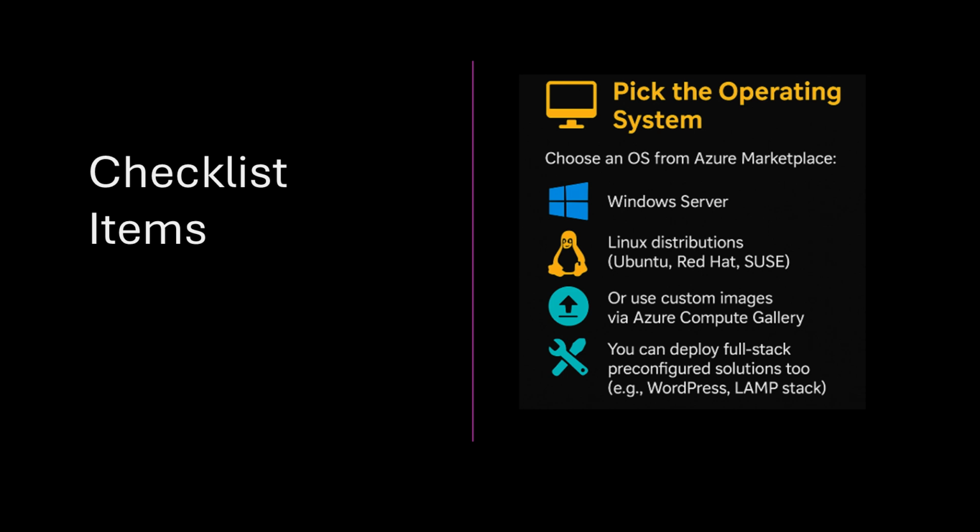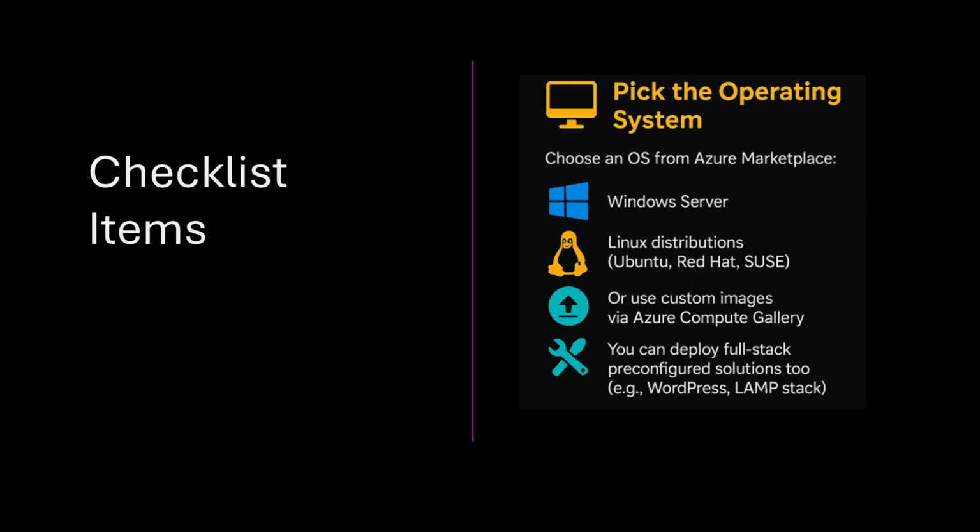It's a great option for Active Directory, .NET applications, or any services that rely on the Windows environment. Prefer Linux? Azure supports several popular Linux distributions, including Ubuntu, Red Hat, and SUSE. These are ideal for open source development, containers, or cost effective hosting solutions.